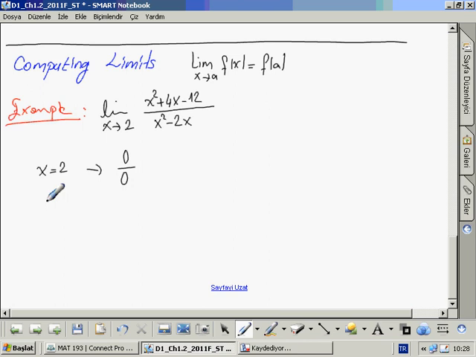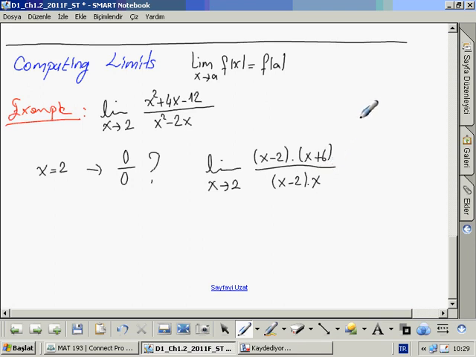So we are going to have to do something else. And the first thing that we should always do when evaluating limits is to simplify the function as much as possible, of course. In this case, that means factoring both the numerator and denominator, and doing this will give us, as x goes to 2, x minus 2 times x plus 6 over x minus 2 times x, right?